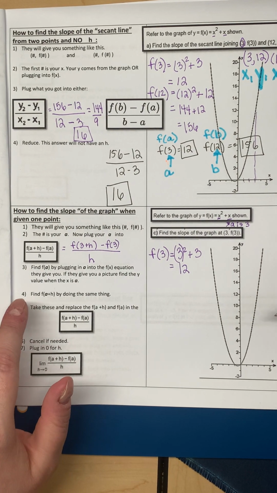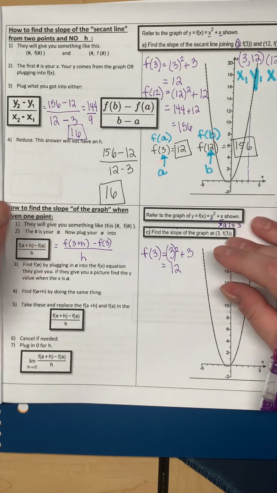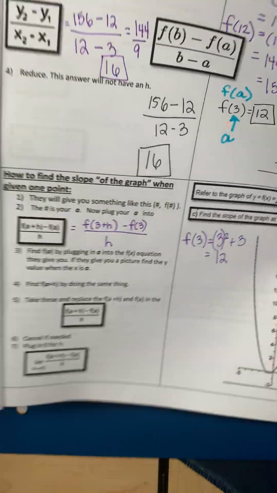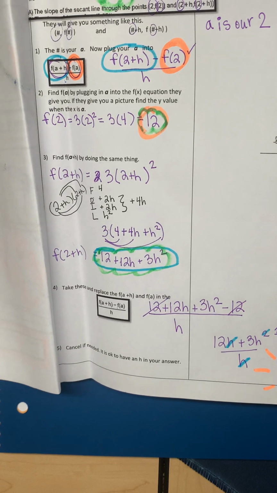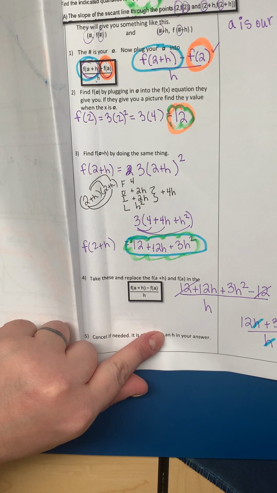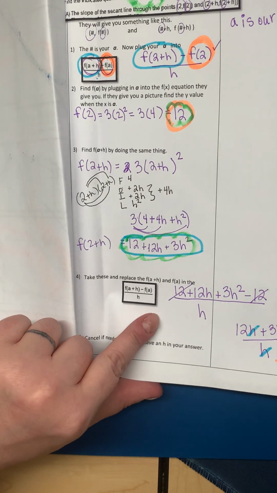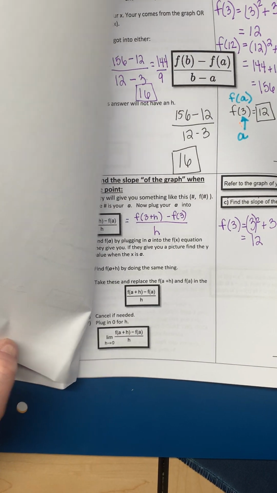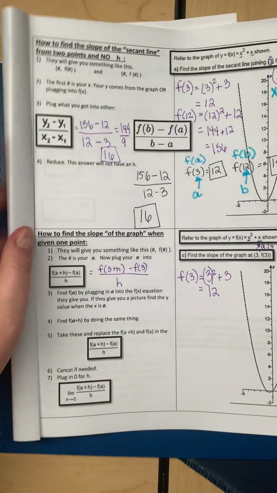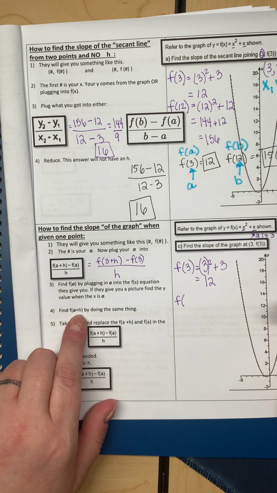Okay, now it says find f of a plus h by doing the same thing. Let me see, have we done this already? Oh, I think we did. But our a was 2. Oh, we've got to do something else. Okay, so we have to find f of a plus h.